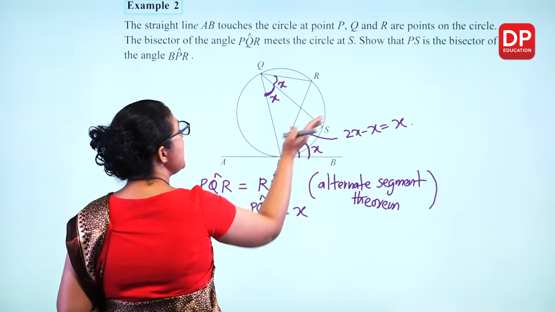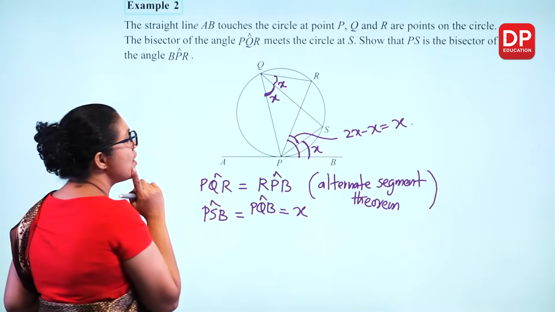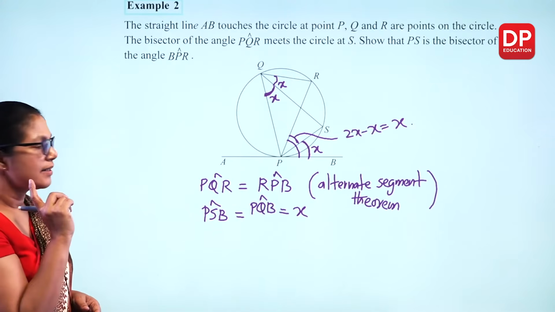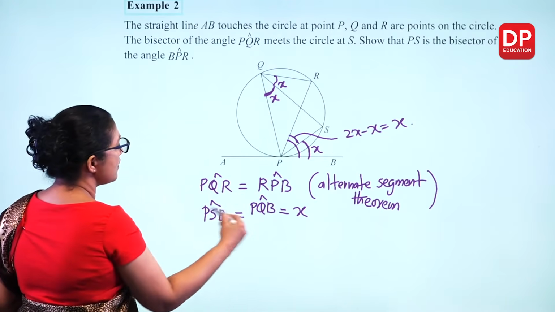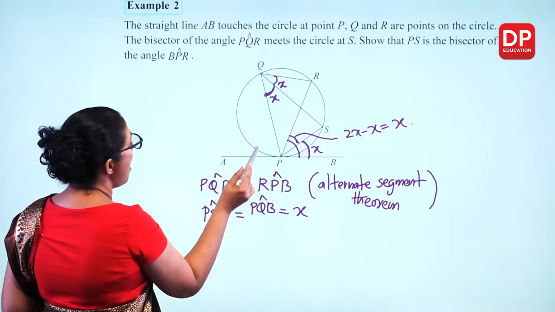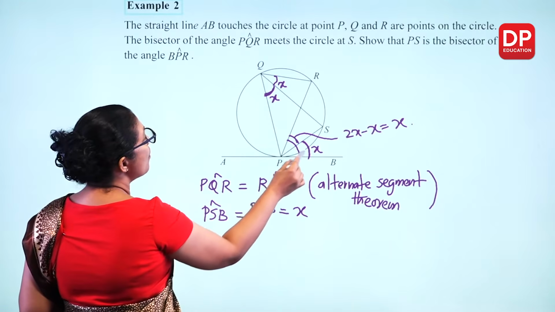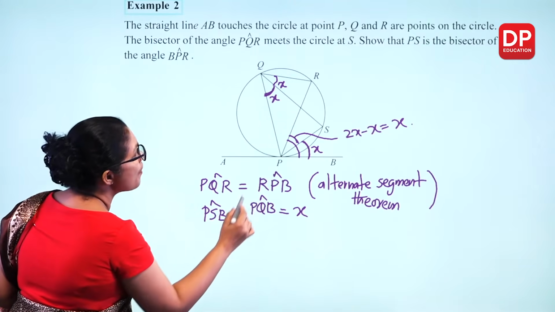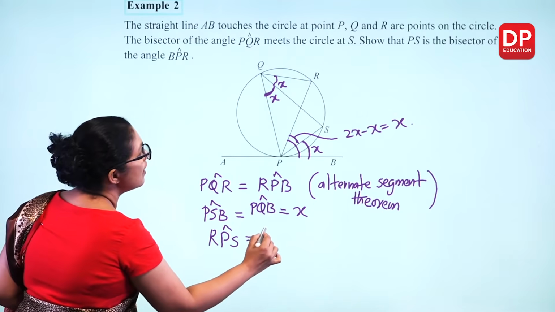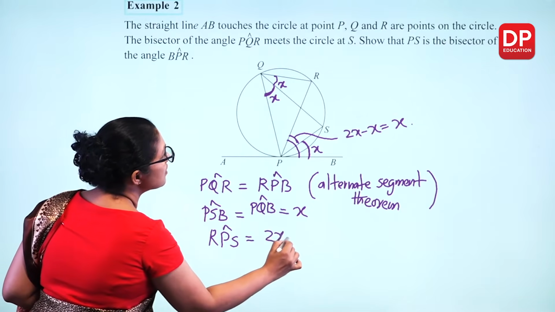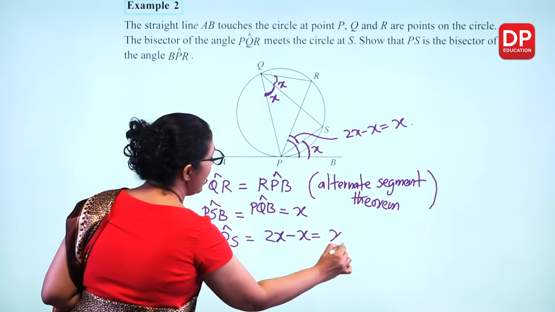So therefore PS is the bisector of BPR angle. So we can write this is x. RPS angle is 2x minus x, that's also x.